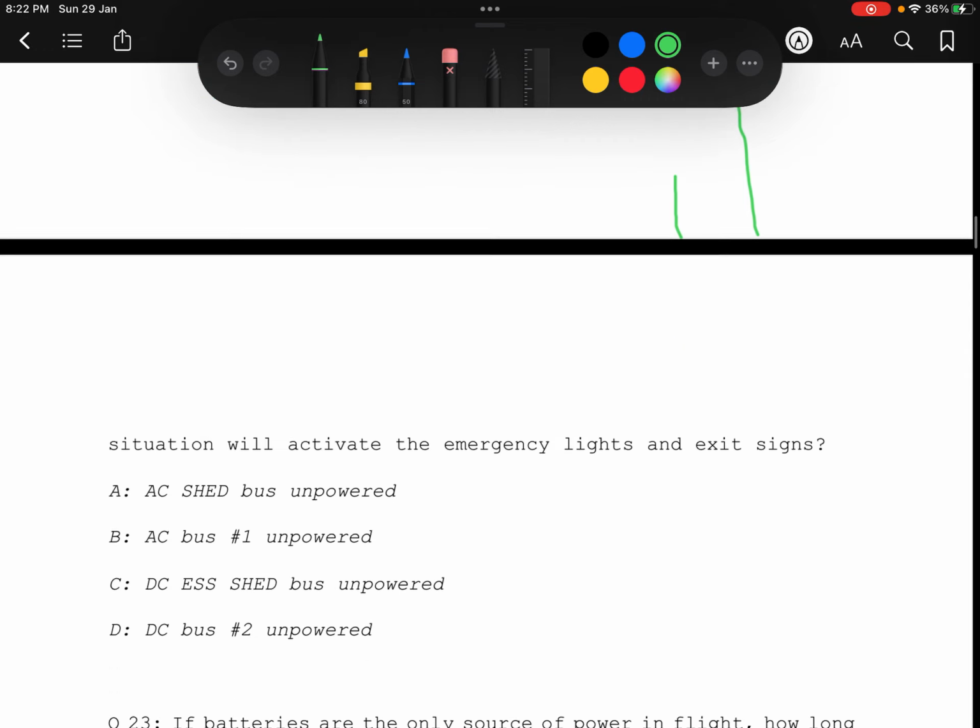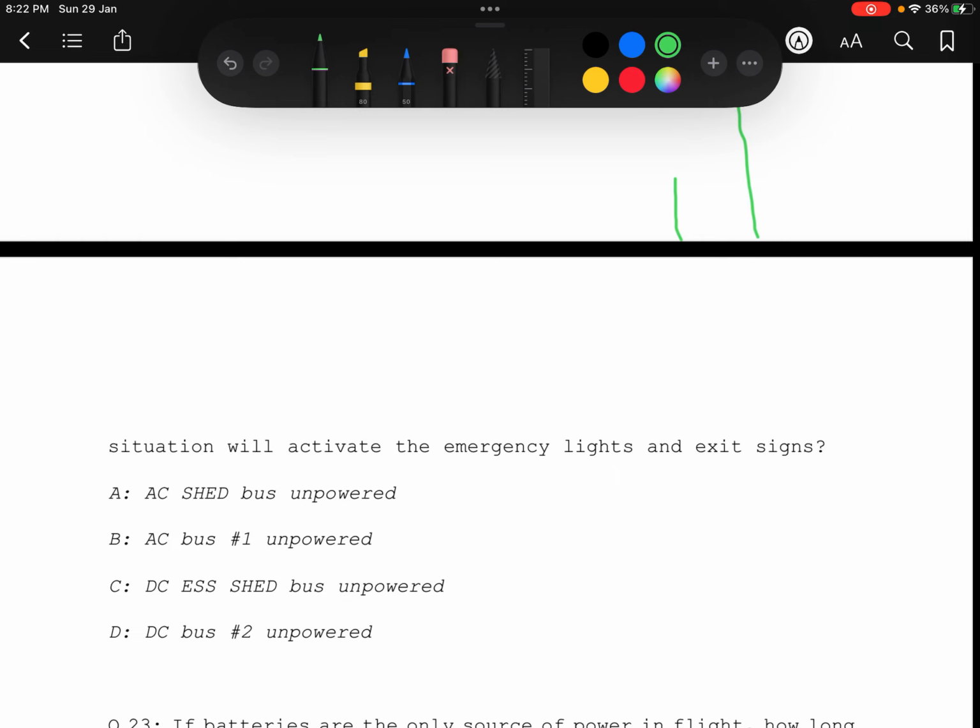Whenever there is a loss of the DC essential bus, then it is assumed that now it is an emergency. And correction, AC bus 1 unpowered.